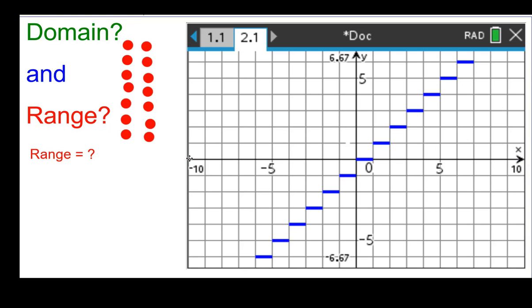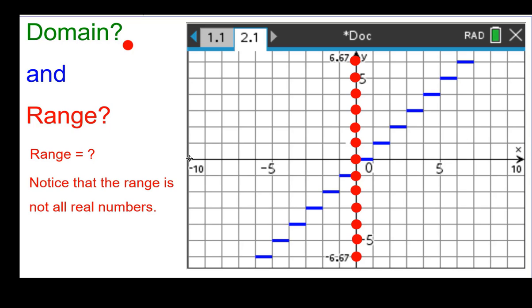The range is not all real numbers, because those are where the y coordinates are. It's not even close to all real numbers. The range is the set of integers, the positive and negative whole numbers, including 0. So we write that as a capital script Z for the set of integers.